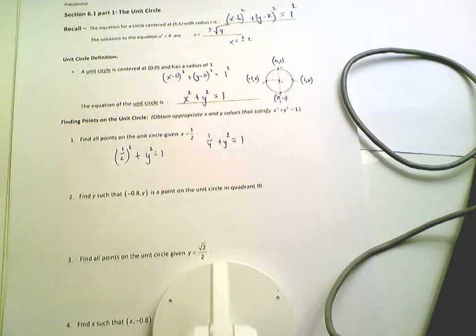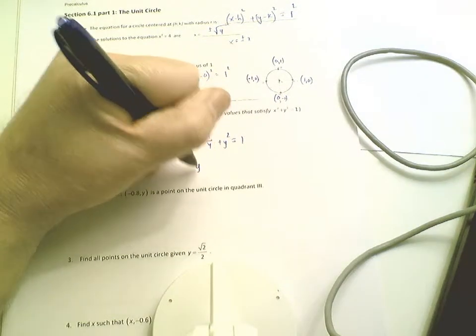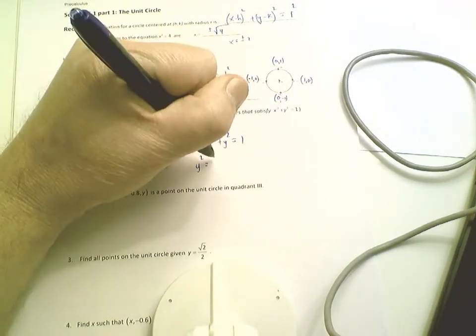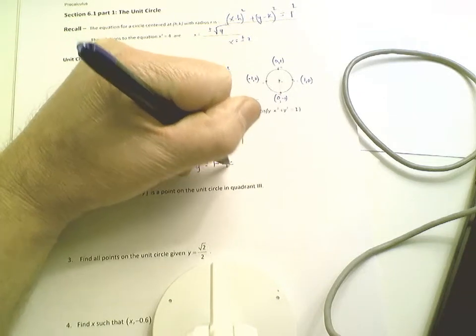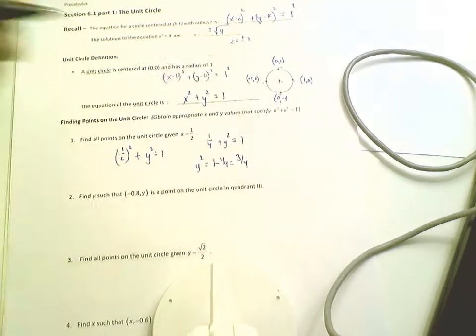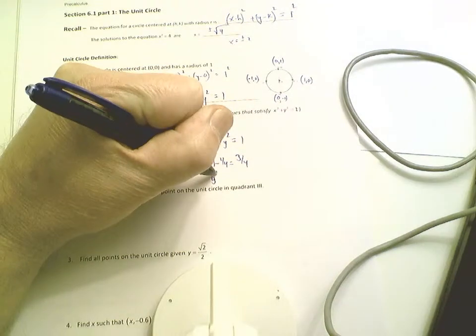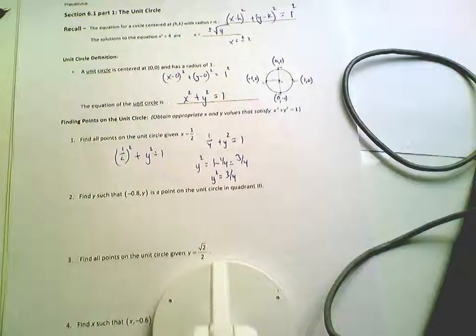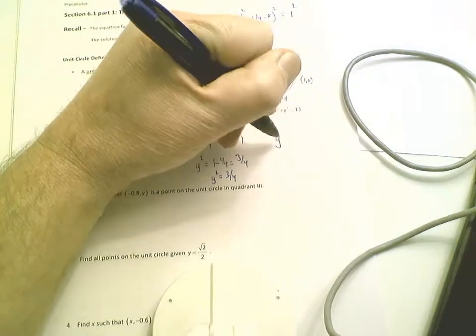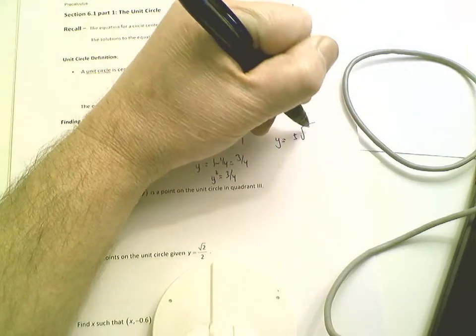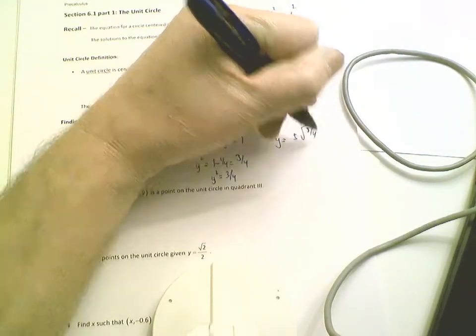Subtract 1/4 from each side and I have y squared equals 1 minus 1/4 equals 3/4. y squared equals 3/4. Let's just write it one more time. This tells me that y equals plus or minus the square root of 3/4.